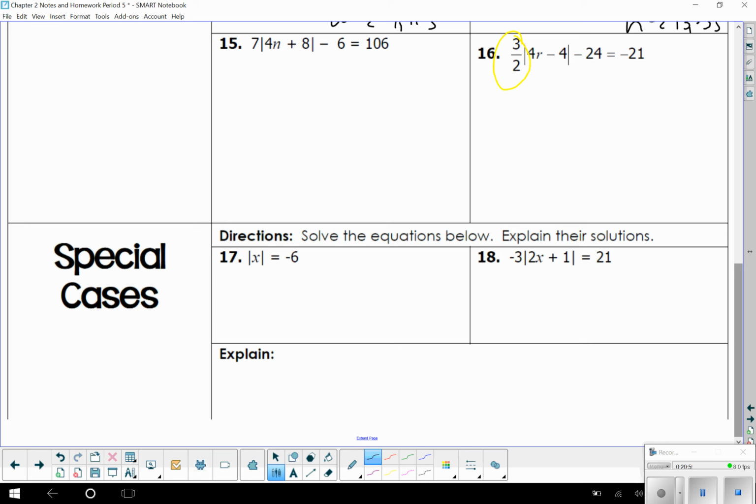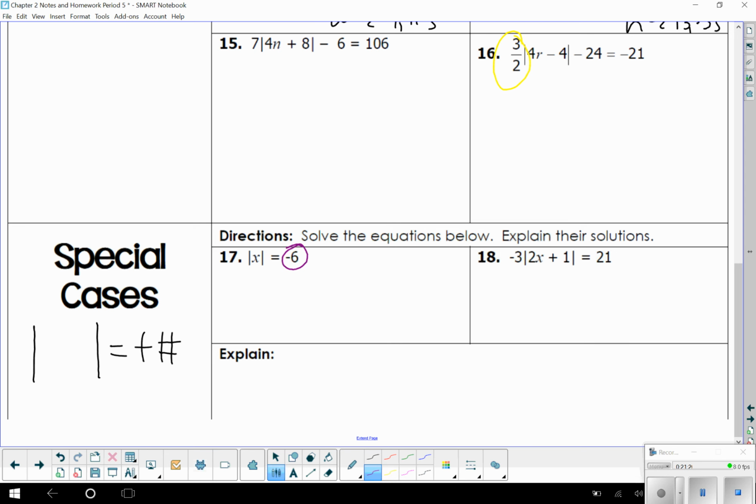Solve the equations below, explain their solutions. If you remember, hopefully, absolute value of something always has to come out positive number. Always, always, always. So you can't start the problem with a negative number if there's nothing on either side of these absolute values to move.